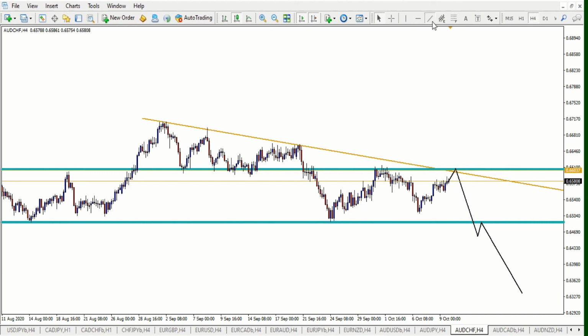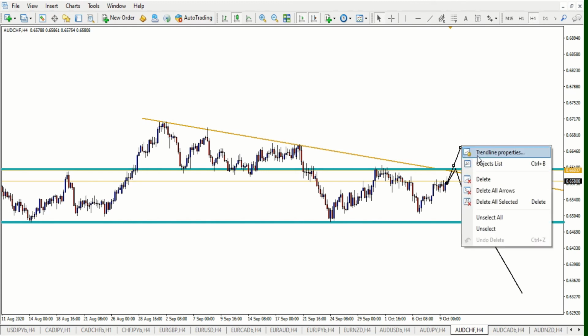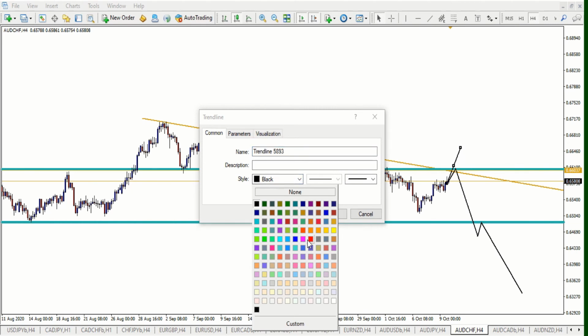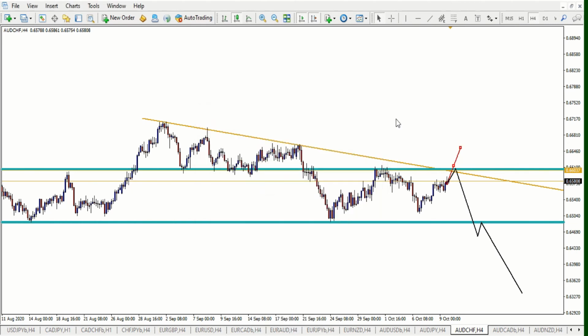However, an invalidation of this would be if the market breaks up through that resistance zone, okay, breaks up through this resistance zone, comes back down to retest the now new support, and then the bulls just take control and the market shoots off. Okay, so that's what we're looking for the AUD and the Swiss franc.